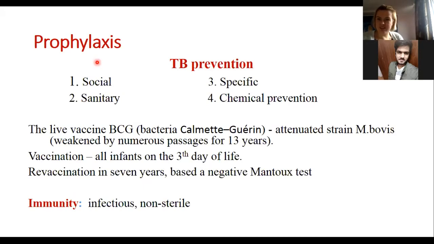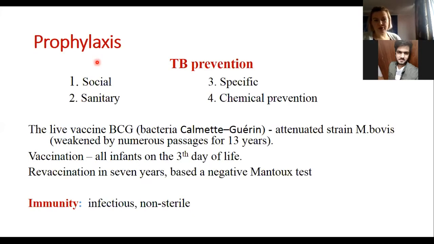During 13 years, they made passages of the strains and prepared the weakened strain, which has antigenic properties but low virulence. We vaccinate all infants in 3 days of life after birth, in the hand.